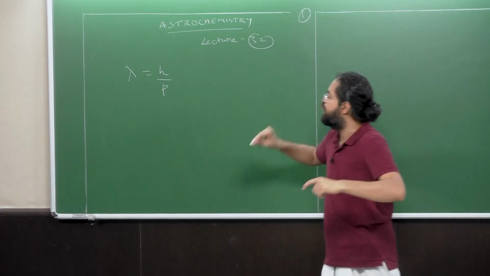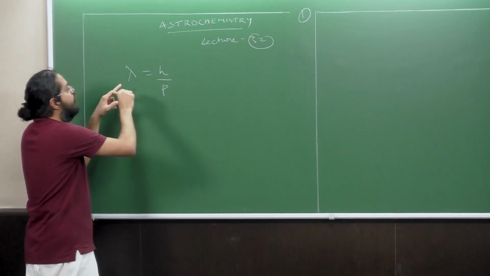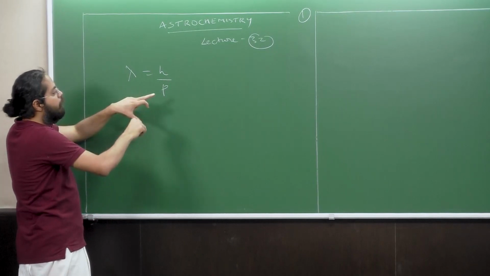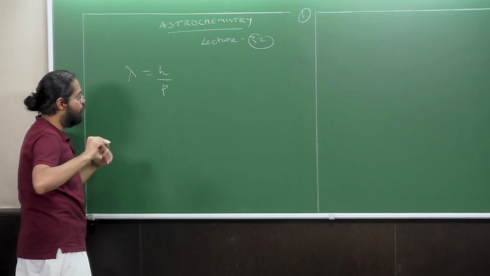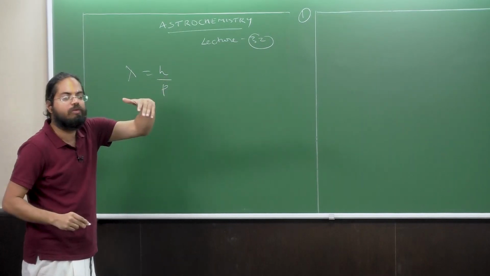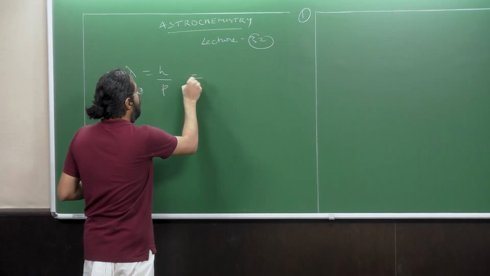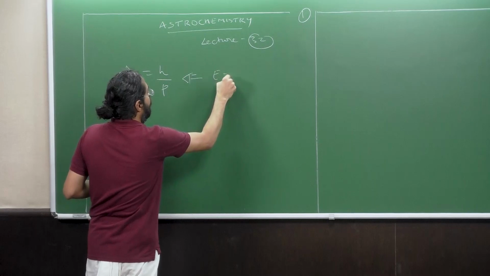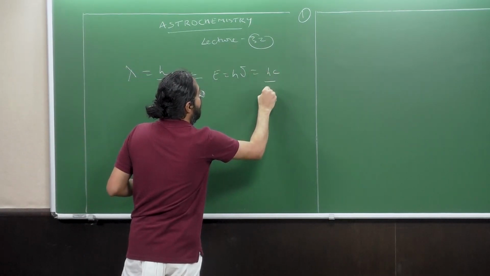Okay, so Planck proposed this expression where h is the Planck's constant and p is some momentum variable and lambda is some wavelength variable. Now from this equation, if you were to recall from the last class, how did we get this? Just to give a brief recap, we obtained this from E equals h nu, which is hc by lambda.